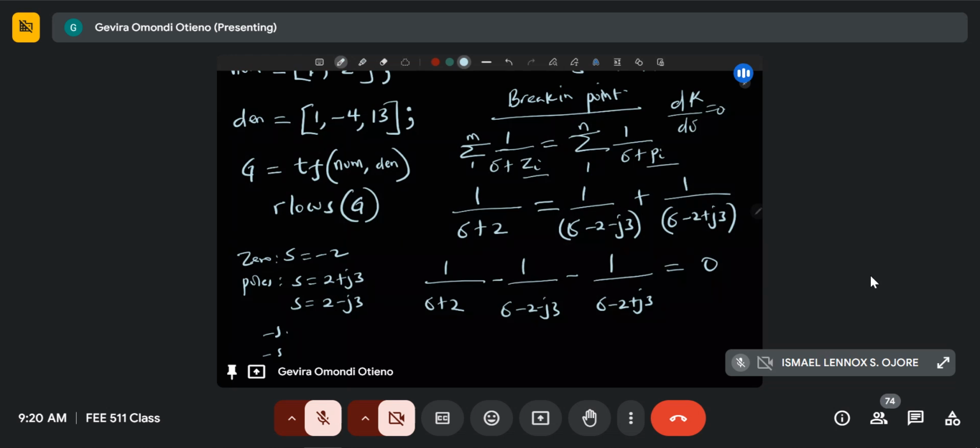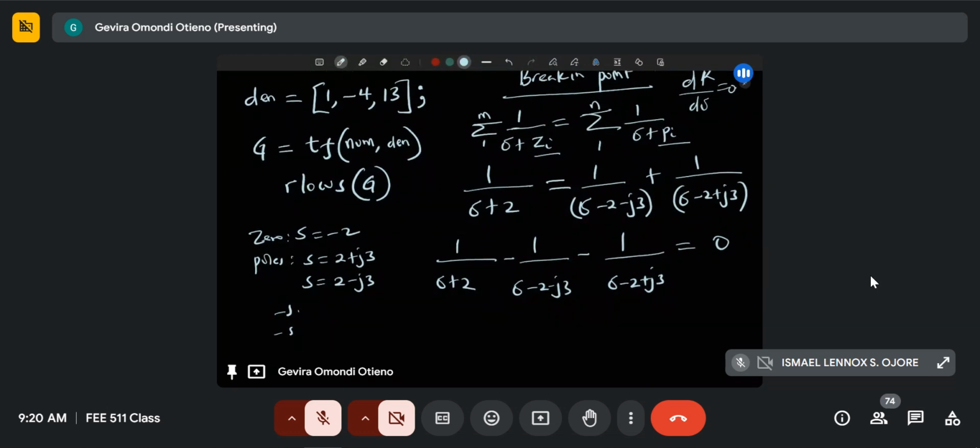So you can take your least common multiple, factorize, do whatever you want, put them in your calculator and solve for sigma, because sigma is the unknown. If you solve this for sigma, I can enter it quickly on Symbolab or on Wolfram, and I get the solution.